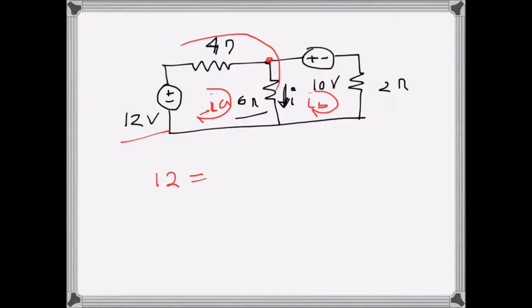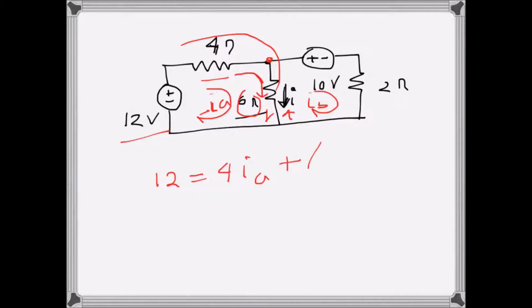On the right hand side, the current through this 4 ohm resistance is IA, so 4IA, plus through this one, since I am going in the counterclockwise direction, here it will be downwards, so the resultant current will be IA minus IB, because IA is going downwards while IB is going upwards.